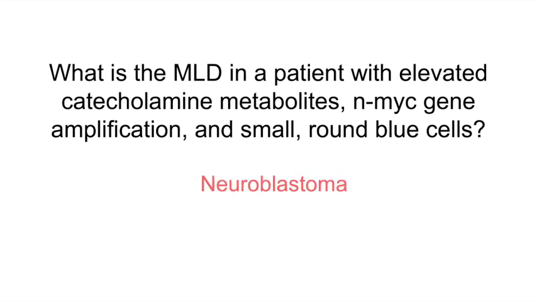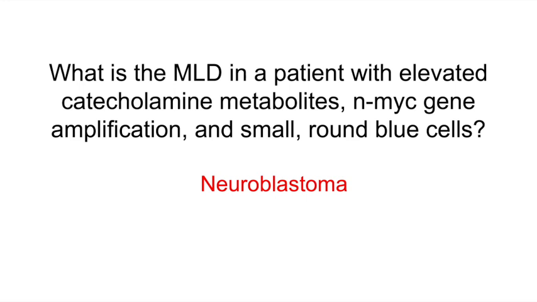Neuroblastoma. Recall that patients with neuroblastoma are typically less than 2 years old. They have a painless abdominal mass that can cross the midline. They can also have periorbital ecchymoses, spinal cord compression from epidural invasion, or opsoclonus myoclonus syndrome.